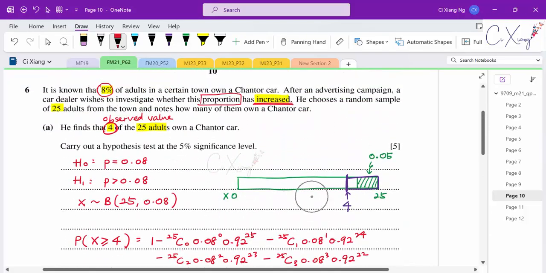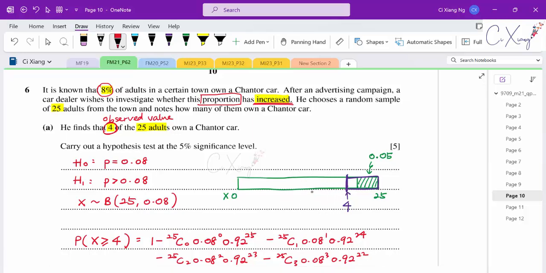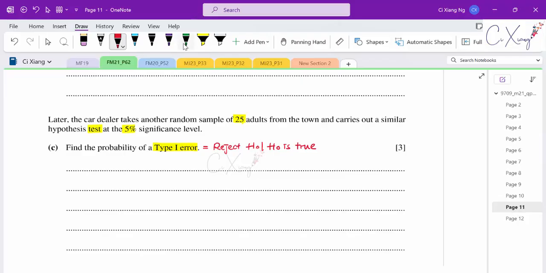Okay, so again, I want you to have a look at this diagram again, although it is not the correct one. If you have a look at this diagram, 4 is actually inside or falls under the acceptance region. So I want to bring this graph here. This is x, starting from 0 until 25.